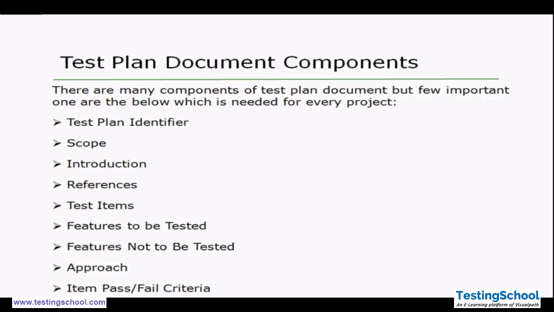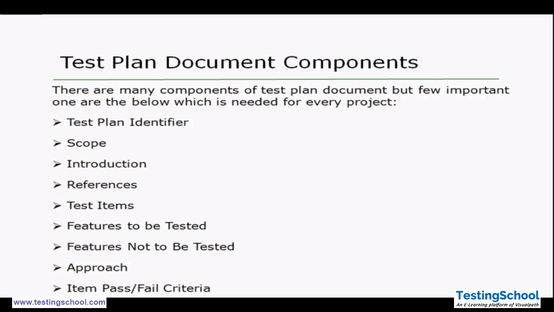Then we have the introduction. In the starting part, we should have an introduction of our test plan. Then we have the reference: what reference document we are following to create this project's test plan, like any link or any particular document which the client has shared or our company reference document.